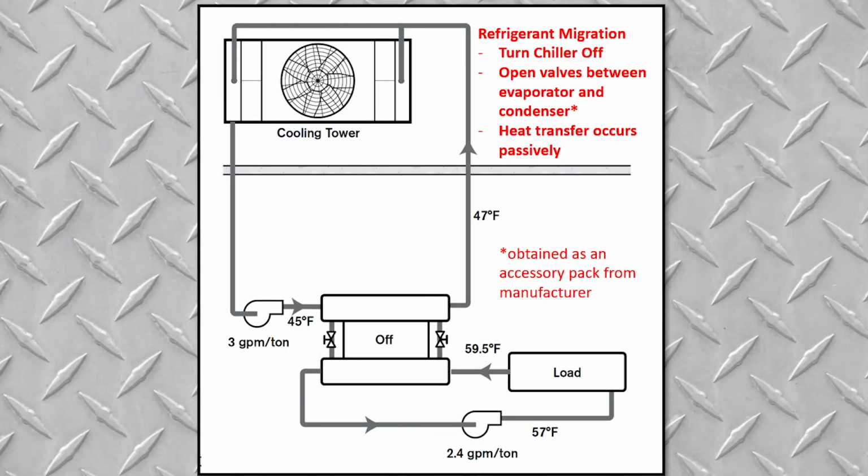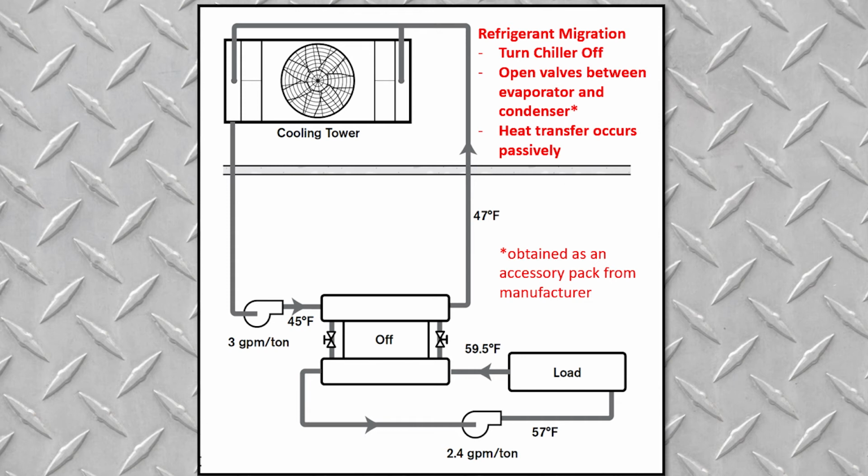Moving on, I wanted to discuss the simplest way to implement free cooling. However, it requires you to have low enough temperatures at times throughout the year to take advantage of it. And I'm referring to a process called refrigerant migration. You simply have these valves shown in red, and if you reach the point where free cooling makes sense, you turn the chiller off and you open these valves.